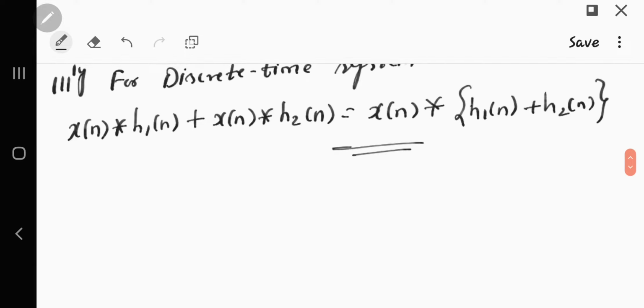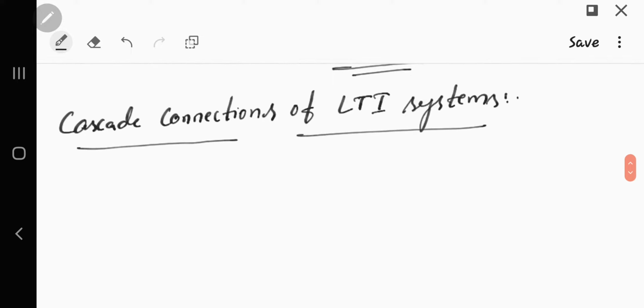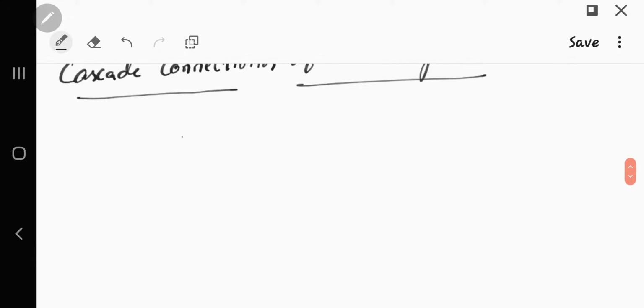Now, what if the system is connected in cascade, that is series. Now, if you go for cascade connections of LTI systems, consider two systems which are connected in cascade.